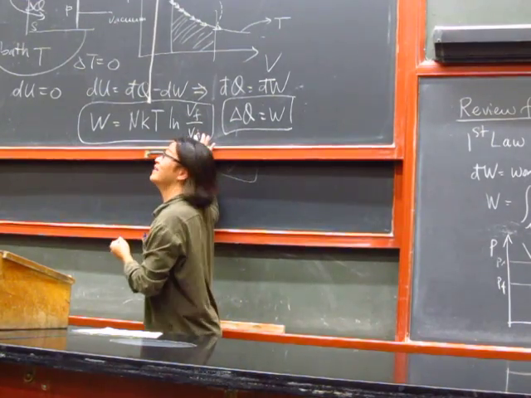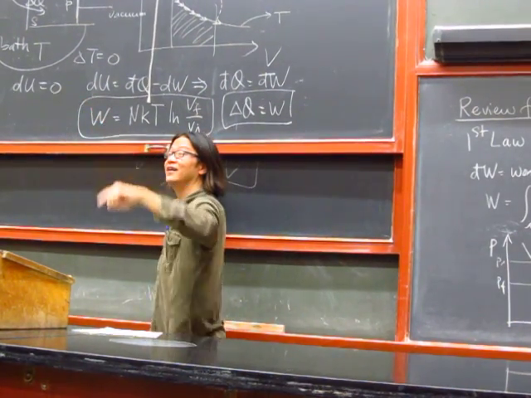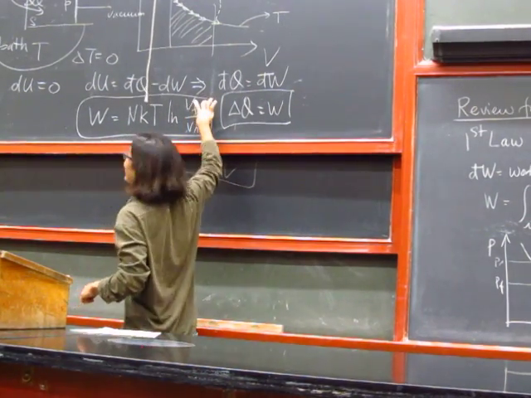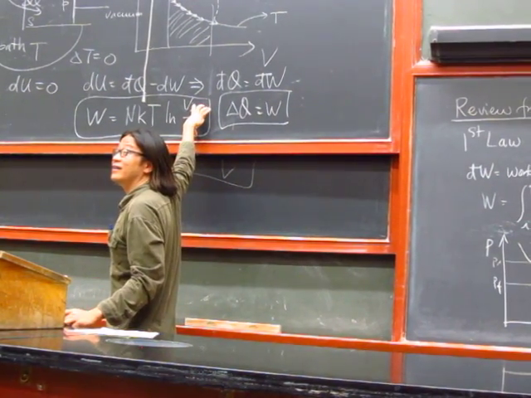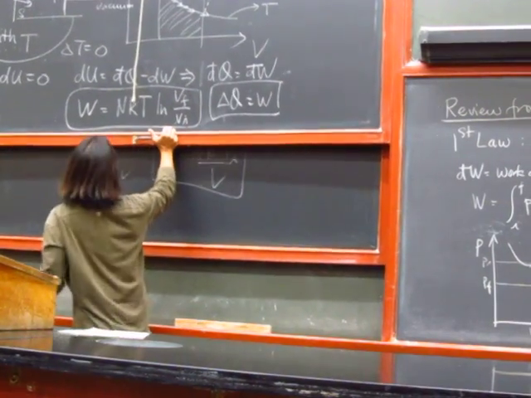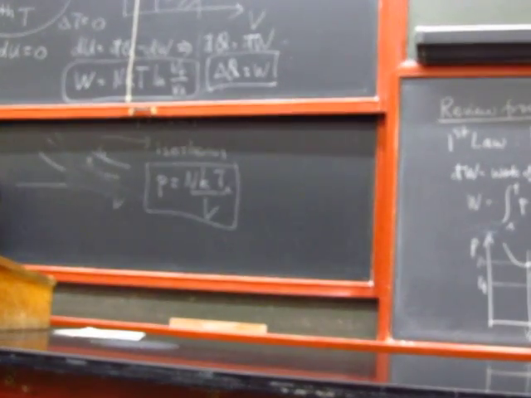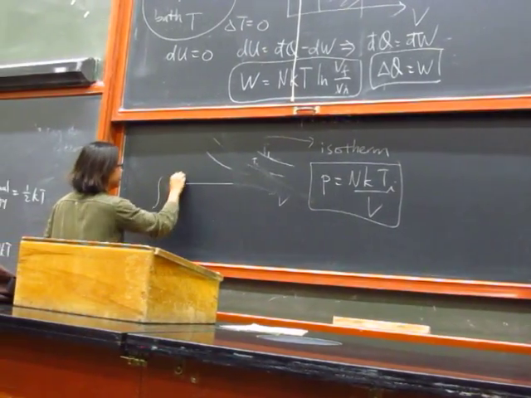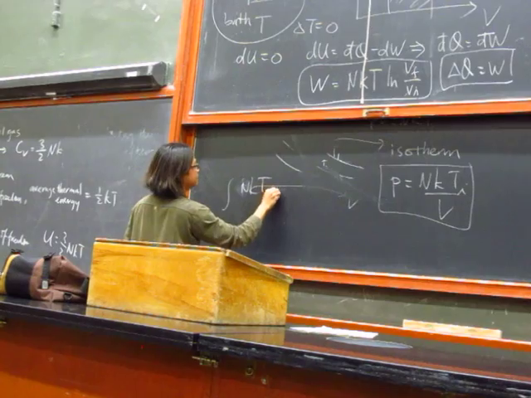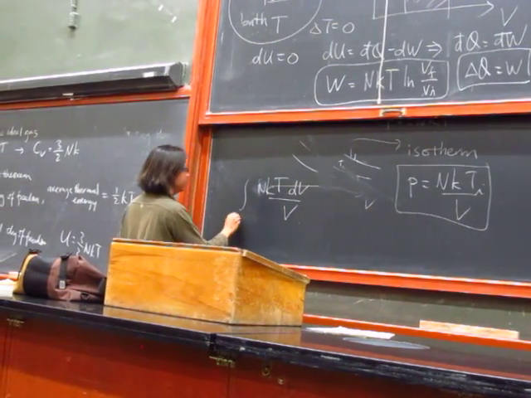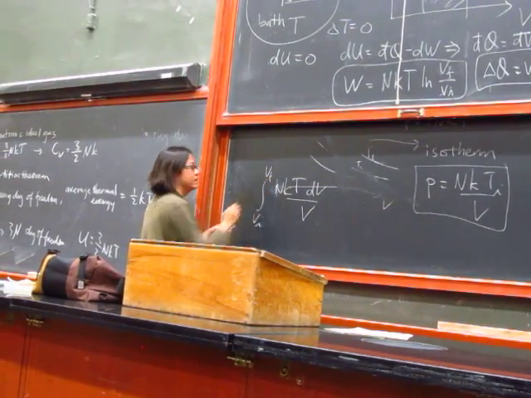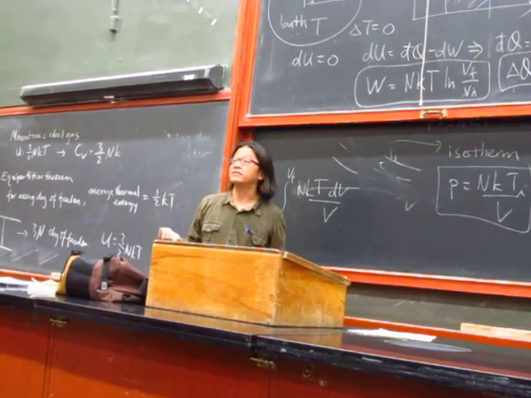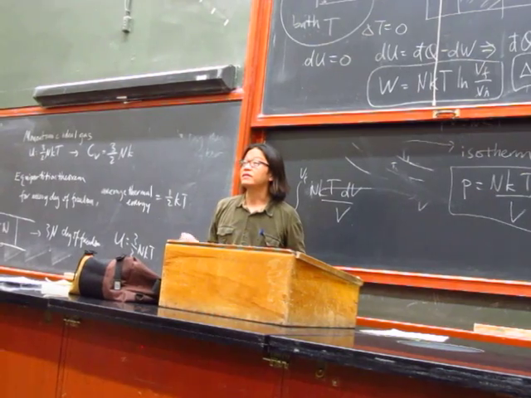Oh, this I actually derived in class on Wednesday. If you go integral of nkT dV over V, from V initial to V final, this is a definite integral of 1 over x, which gives log x. This is from calculus.